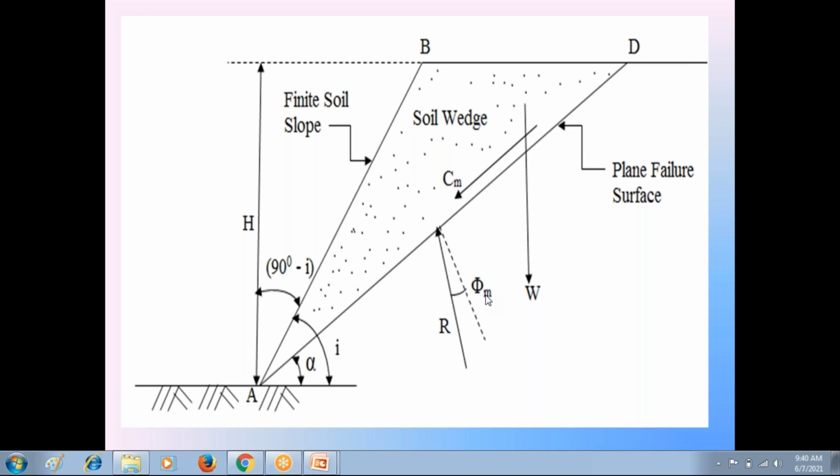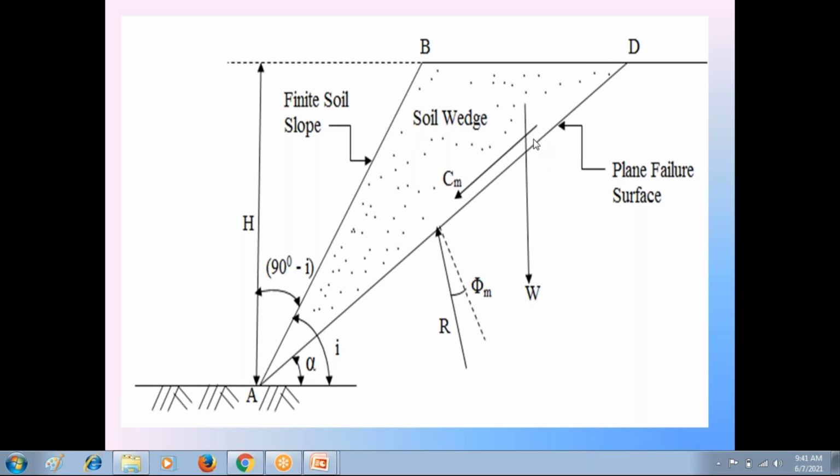For example, in the borrow area, if the natural angle of internal friction phi of this soil is say 40 degrees, then divide 40 degrees by factor of safety 2, 40 by 2, 20 degrees, that is taken as this mobilized angle of internal friction phi m.